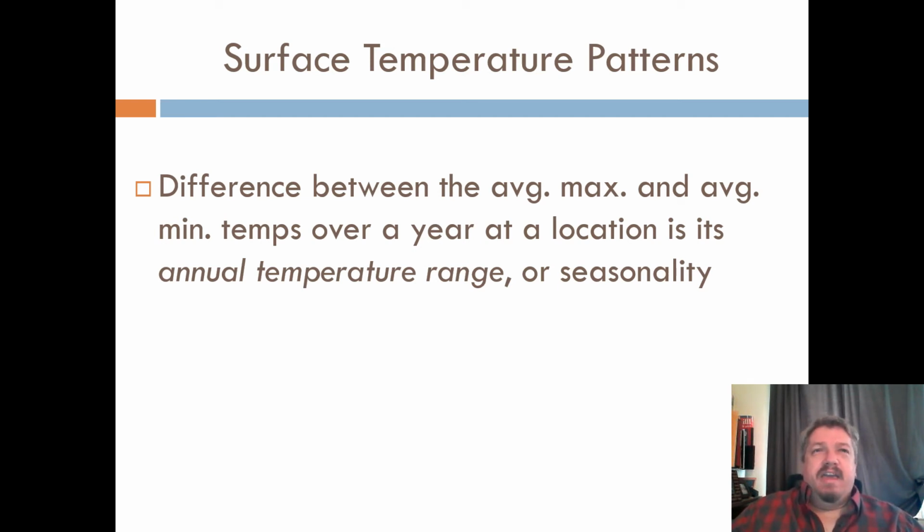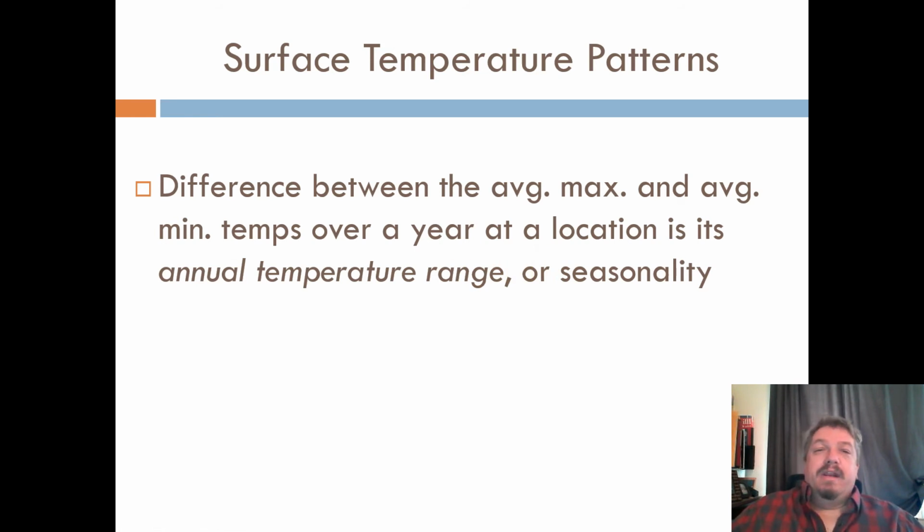So the hottest average day in the last 50 years, let's just say was 95 degrees. That's the average hottest day of the year. What is the average coldest day of the year over the last 100 years? Let's just say that it's 20. That means that the seasonality is the range between 95 and 20.